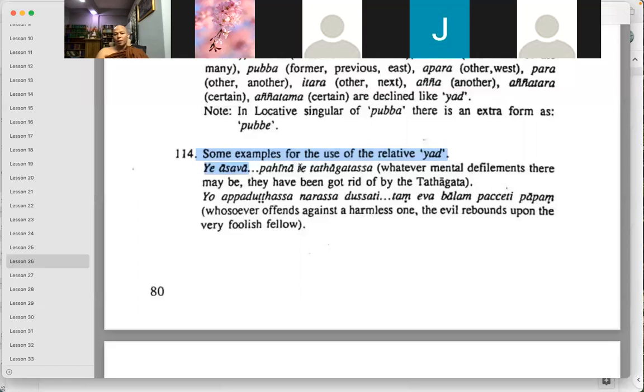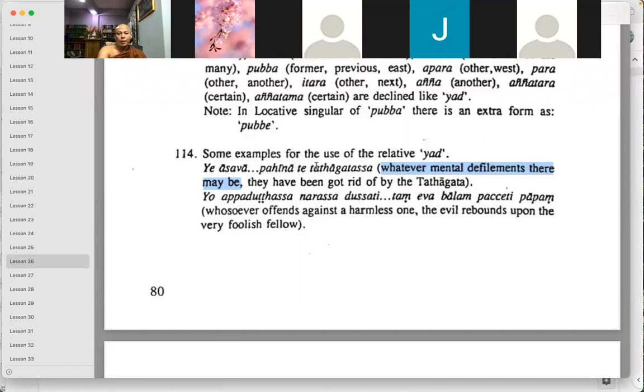So whatever mental defilements there may be, and they have been got rid of by the Tathāgata. So here, ye āsavā, maybe something omitted here, a verb to be or something. So whatever mental defilements there may be, that is the meaning of the ye clause, the ye āsavā relative clause.